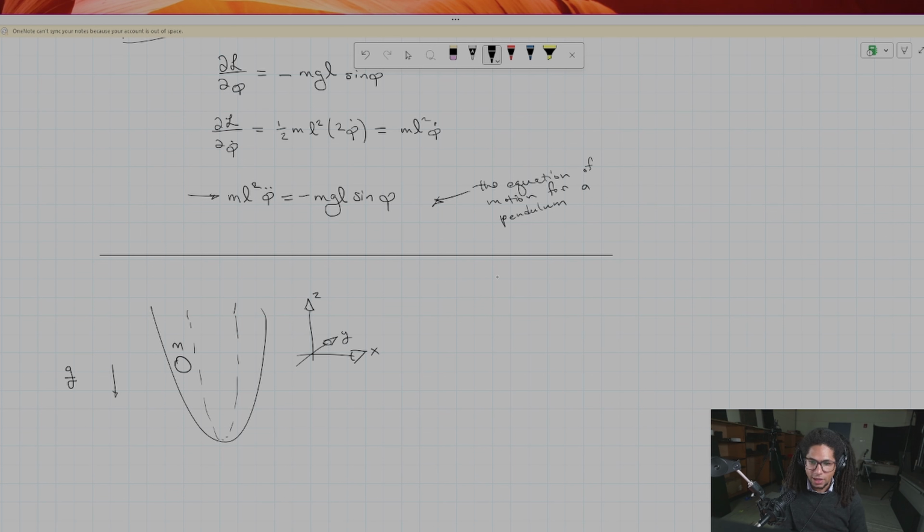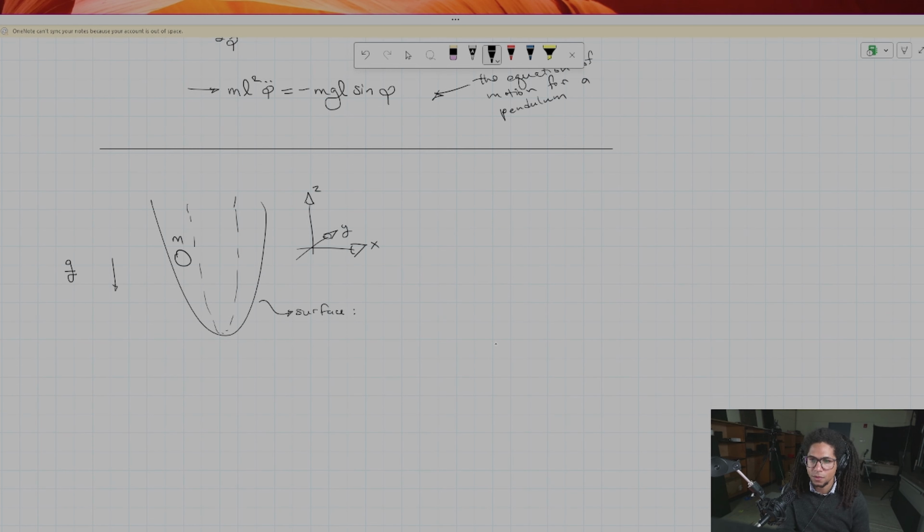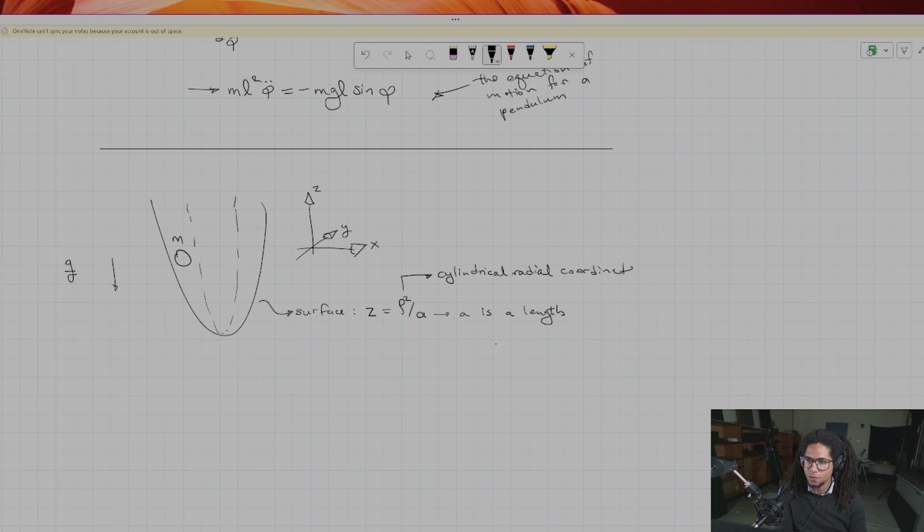Okay, so we'll let this surface have equation z is equal to rho squared over a, where a is a length, rho is our cylindrical radial parameter, or radial coordinate. This is notation from the textbook, Taylor. Great.